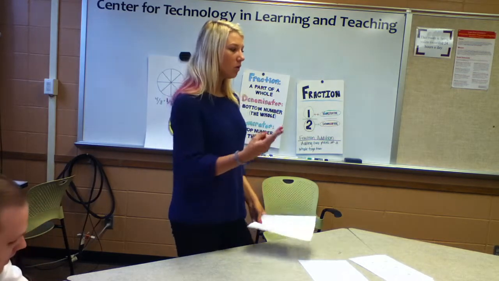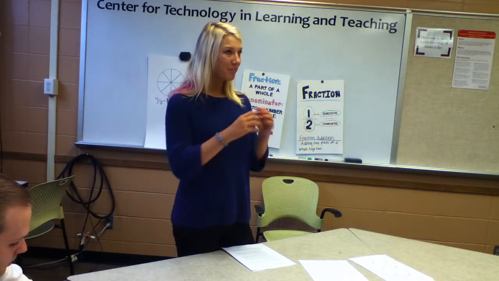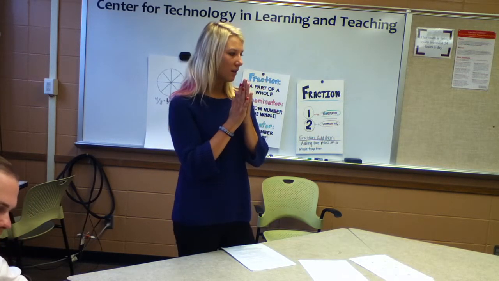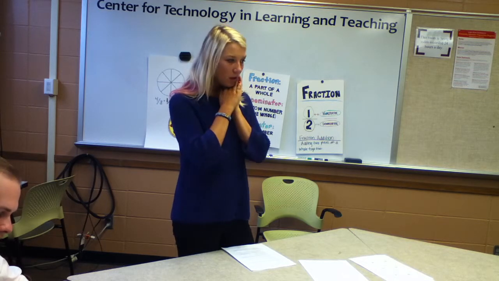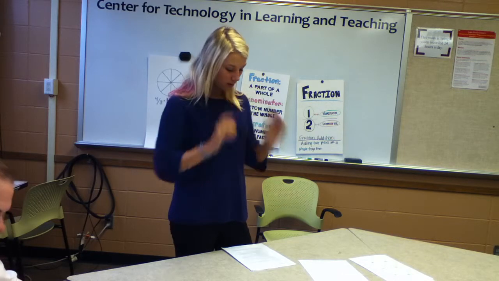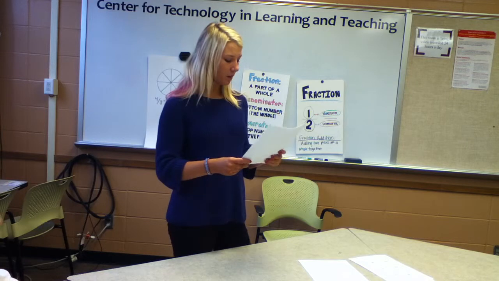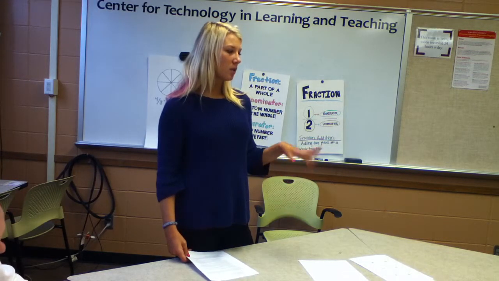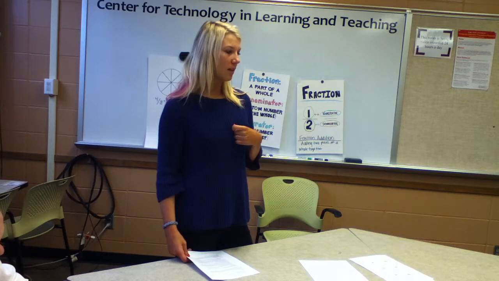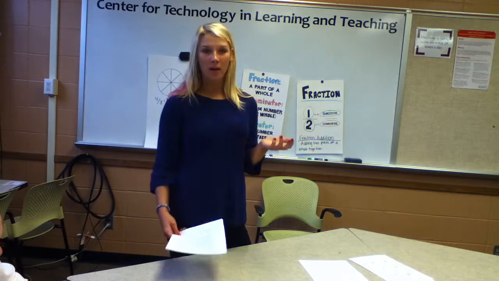If you take 2 1/8s and put them next to each other, that is also the same as 1/4 of the pizza. So 2/8 is equal to 1/4 of the pizza. And if you take 2 more and add them, what is that? Half of the pizza, or 4/8.